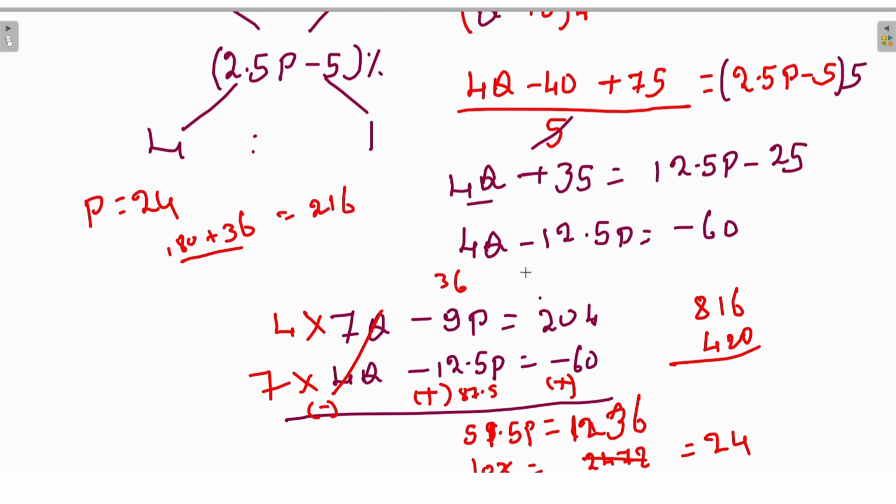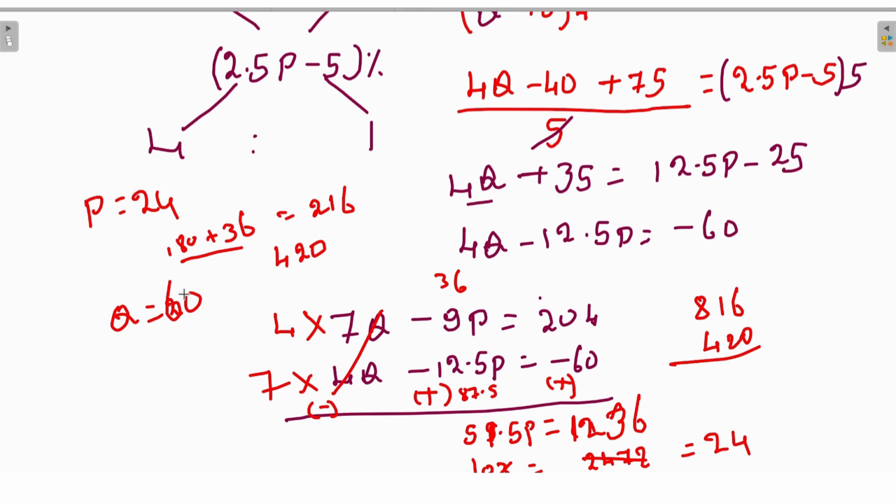If 216 goes to that side, it becomes plus 216, 204 plus 216, 420. Then solve this equation, and you will get q. After solving, the q variable is equal to 60. Yes, you will get 60 after solving that. Then try to find out the final value.